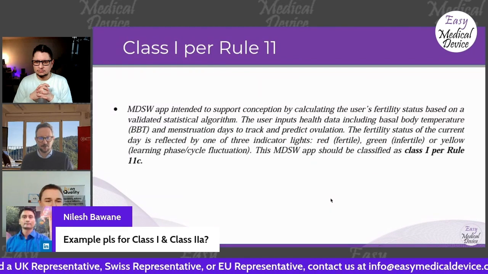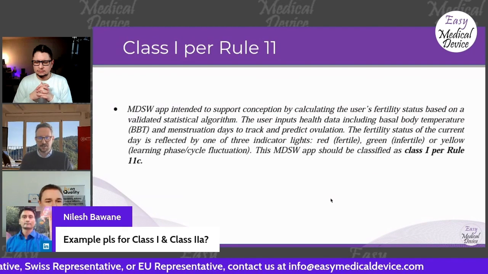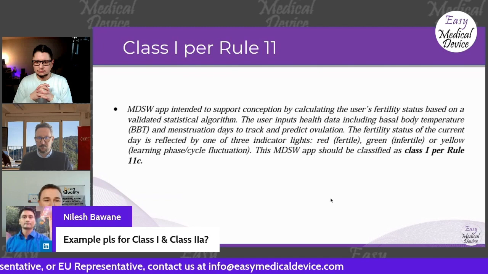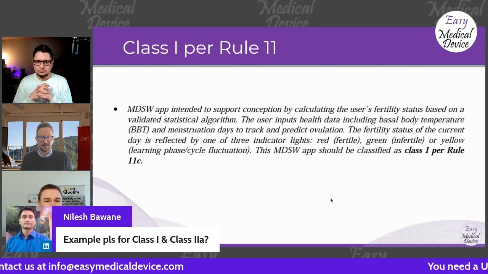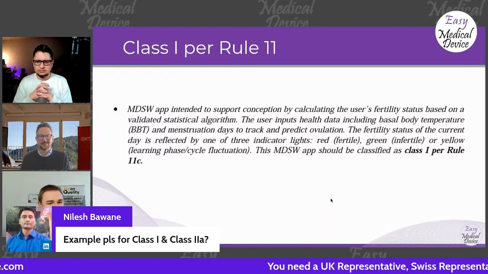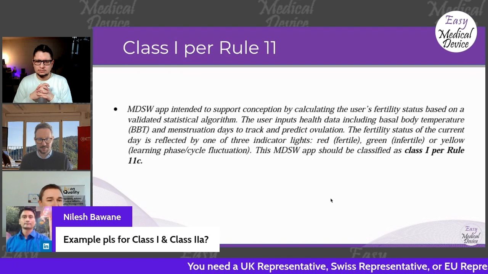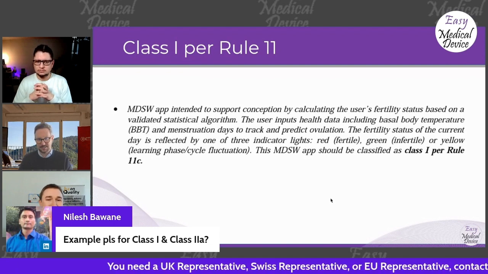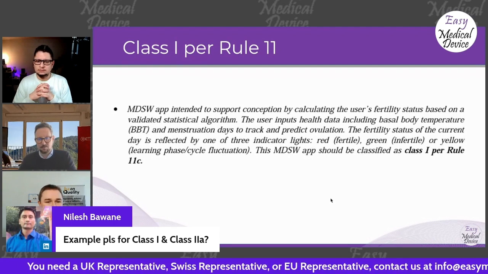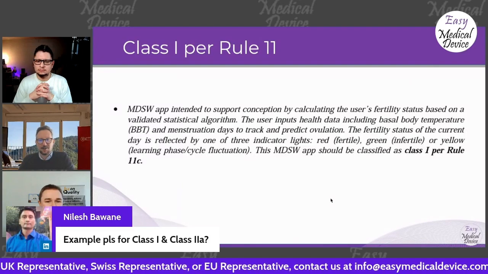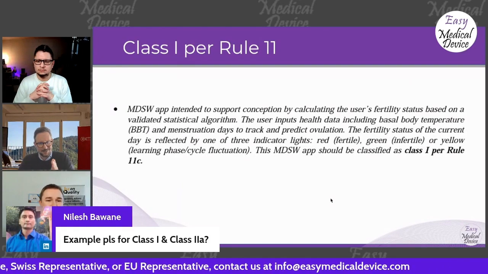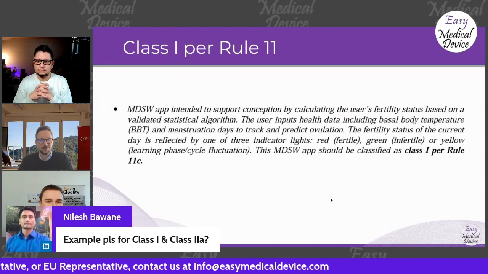The other approach is, of course, that it talks about supporting conception, which, if you look at the definition of a medical device, the first bullet points always tell you the typical medical purpose that the medical device should have, like therapeutic, diagnostic, whatever. And then later in the definition, it says there are also things like conception and contraception.